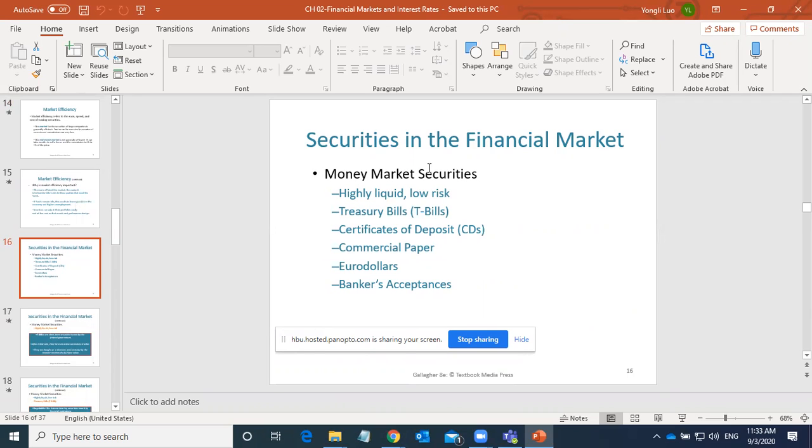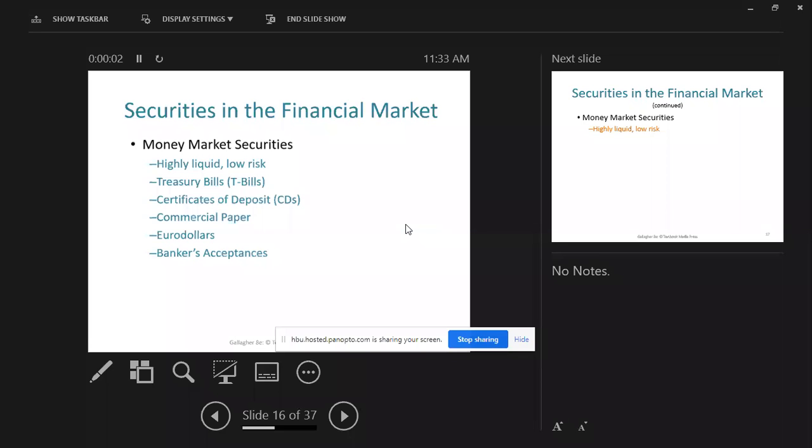Now the securities in the financial market. This is what we call money market securities. Money market securities include treasury bills, called T-bills.